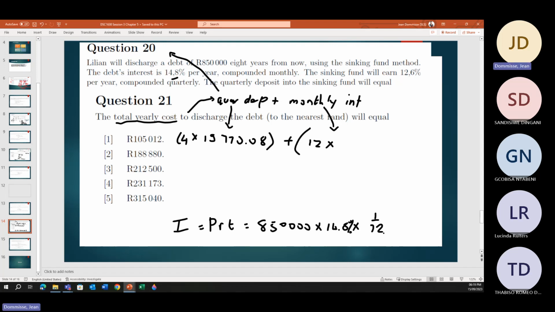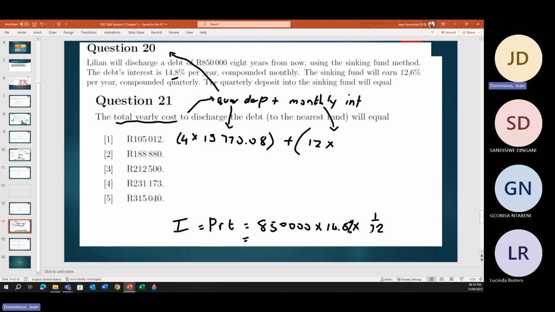So here you can have done two things. If you didn't say 1/12, we just don't multiply it by 12 there. If you have it as 1/12, then it's important when we work out the yearly interest that you multiply it by 12.